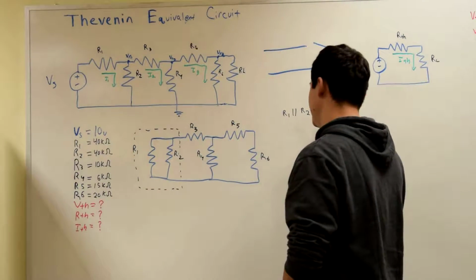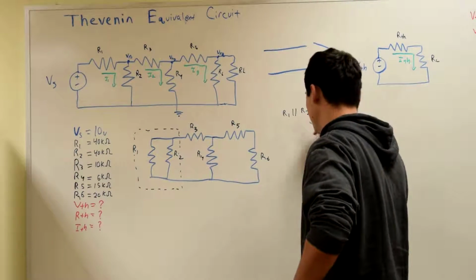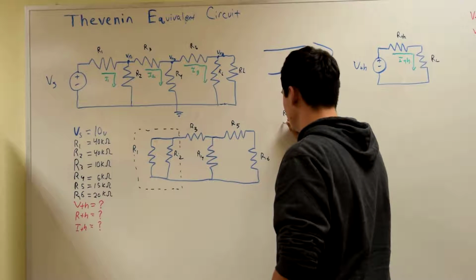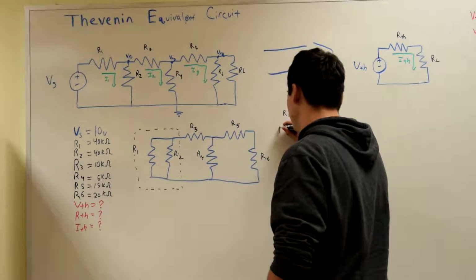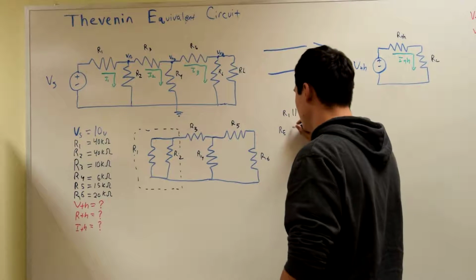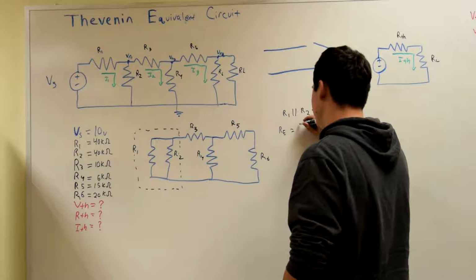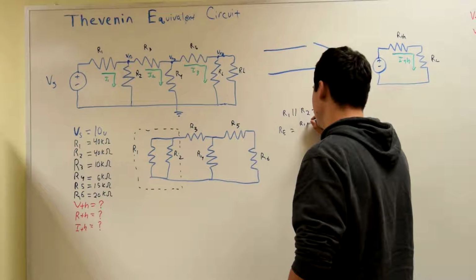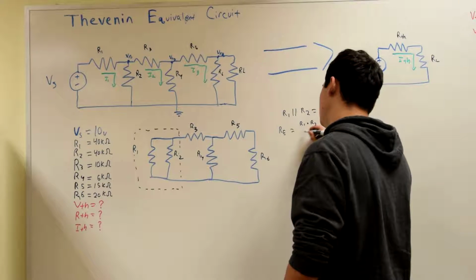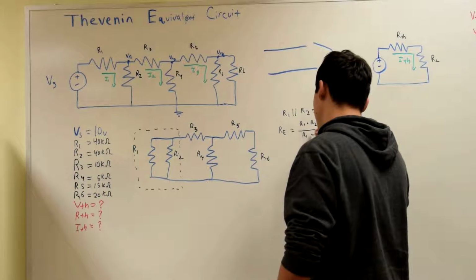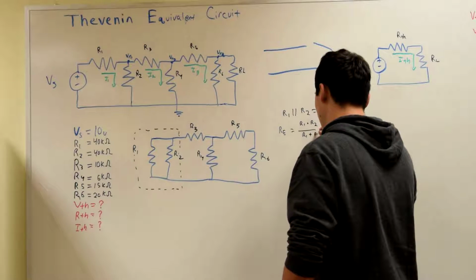But for right now, it's just equivalent as we're working through the circuit. And so, what does parallel mean? So RE, our resistor equivalent, is equal to R1 times R2 over R1 plus R2.